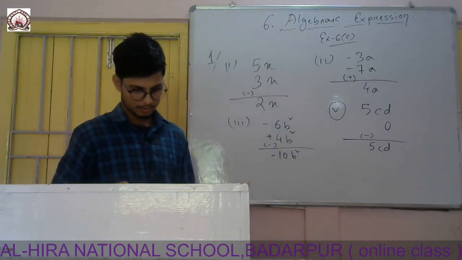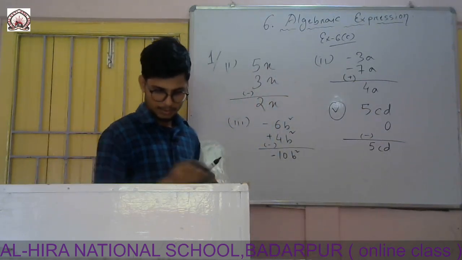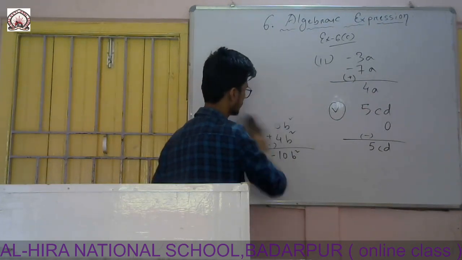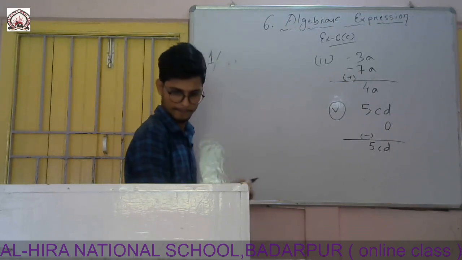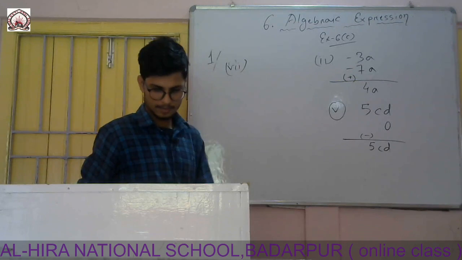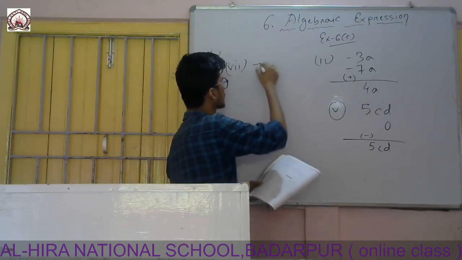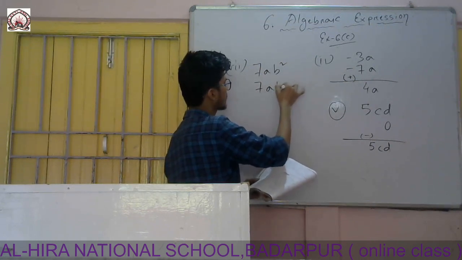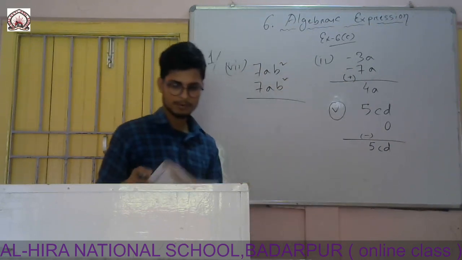Okay, so see question Roman number 7. 7ab square. The question is 7ab square and, again, 7ab square. I have to subtract one from the other.